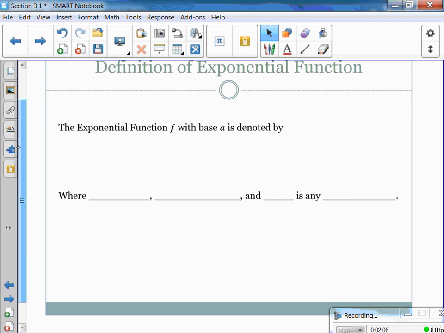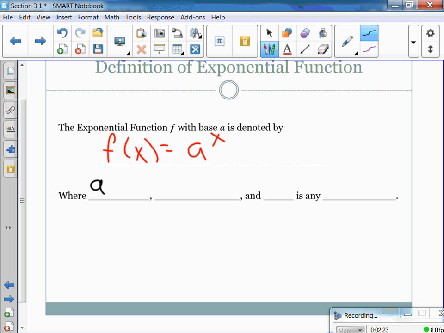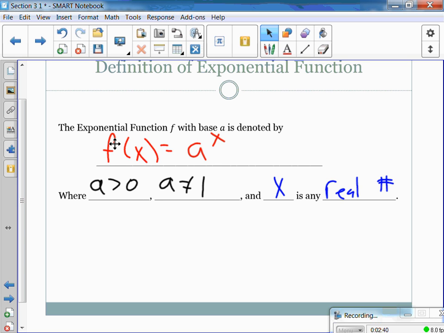So, our exponential functions. Definition of the exponential function. The exponential function f with base a, denoted by f of x equals a to the x, where a is greater than 0 but not equal to 1, and x is just any real number.